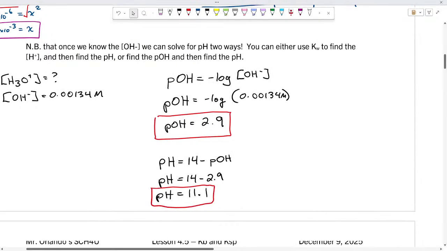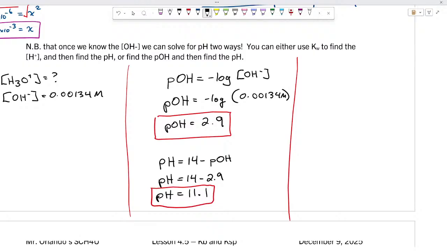What's the other thing we could have done? Because Kw, which is equal to 1.0 times 10 to the negative 14, equals the concentration of H3O plus times the concentration of OH minus, right? And then we could have said, okay, 1.0 times 10 to the negative 14 equals the concentration of H3O plus times 0.00134.